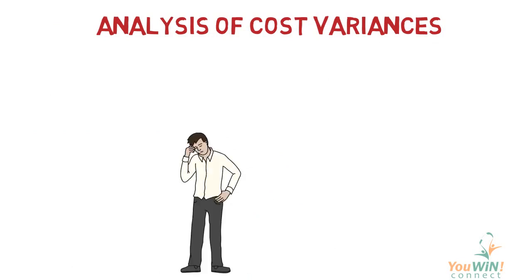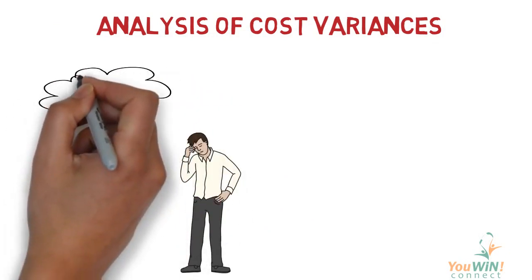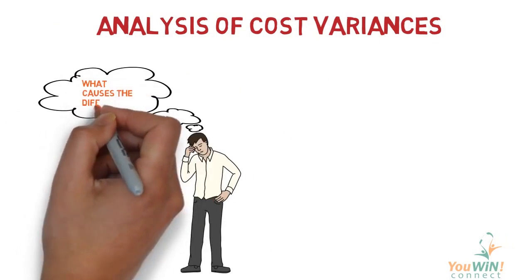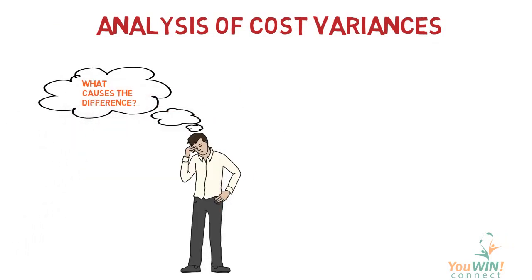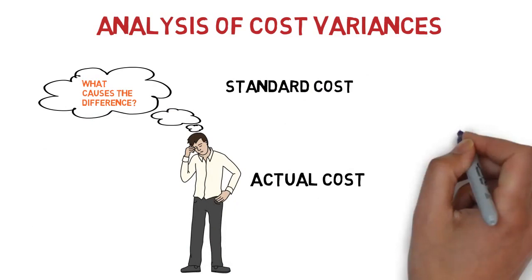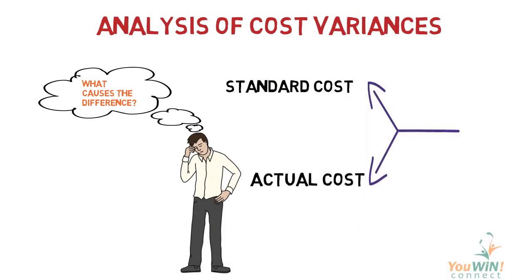In order to control cost, we must first be able to analyze what causes the difference between the standard cost we have set as an organization and the actual cost we have incurred. The difference between the standard cost and the actual cost is referred to as cost variances.